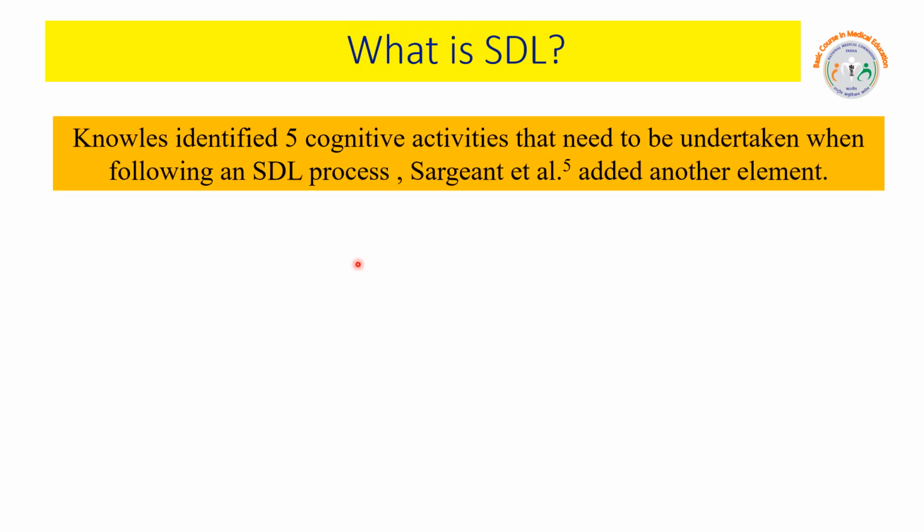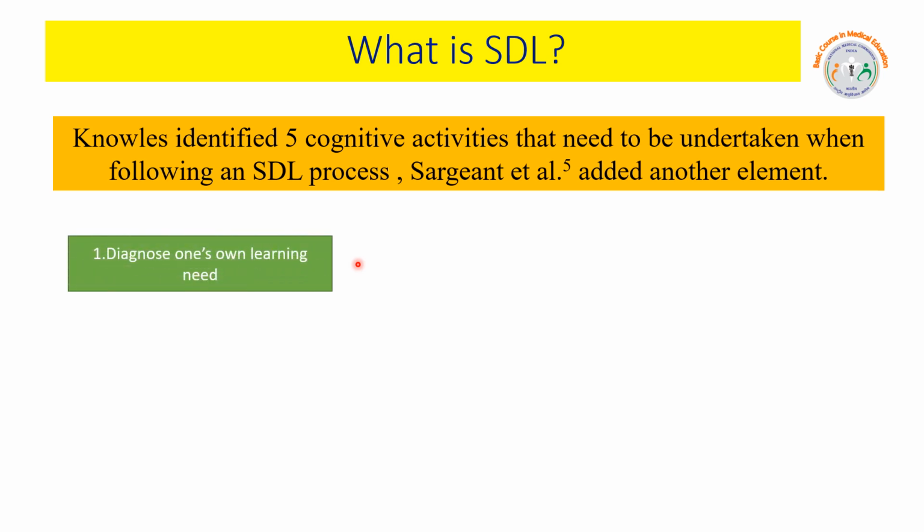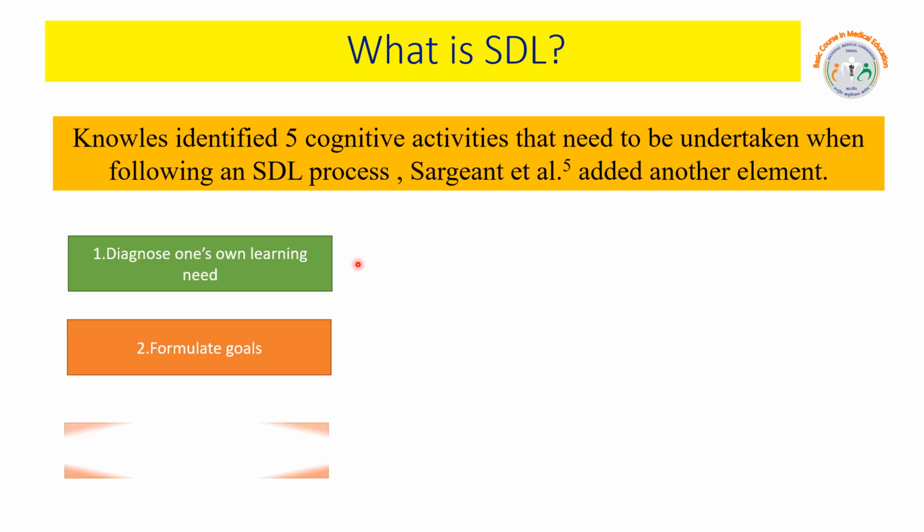From that definition, Knowles identified 5 cognitive activities that need to be undertaken when following the SDL process. And Sargent et al. added another element to it. So what are those 5 cognitive activities? First is diagnosing one's own learning need. Second is formulation of goals. So if I know why I want to learn this, then I will formulate my goals. Then there will be identification of resources for learning.